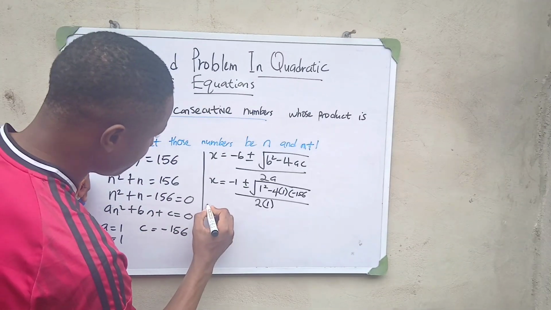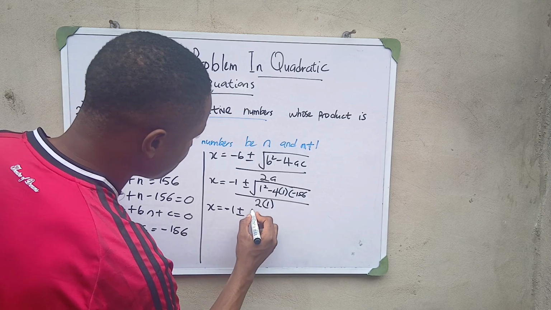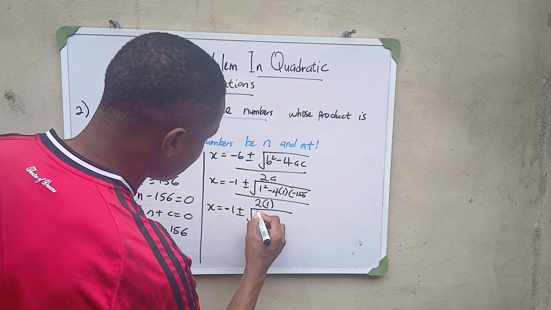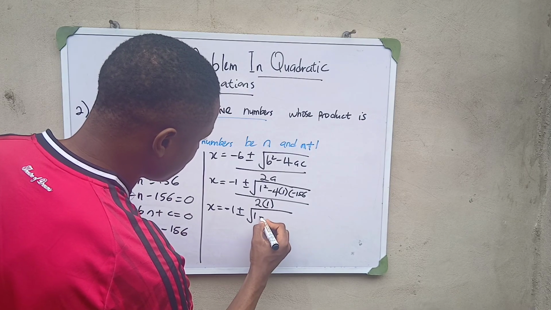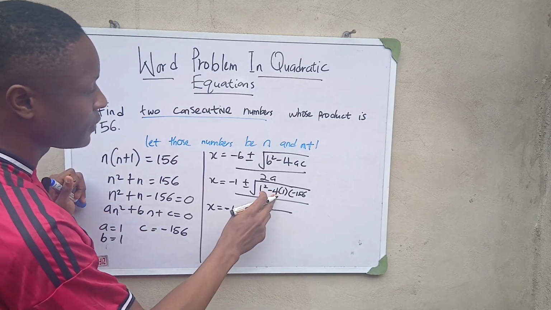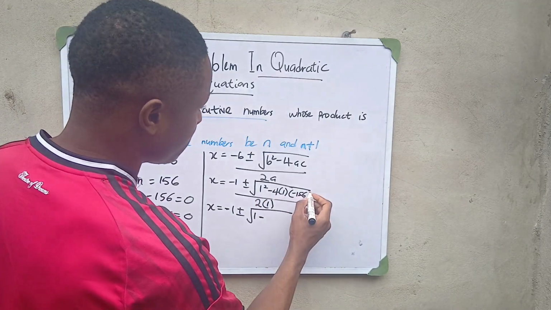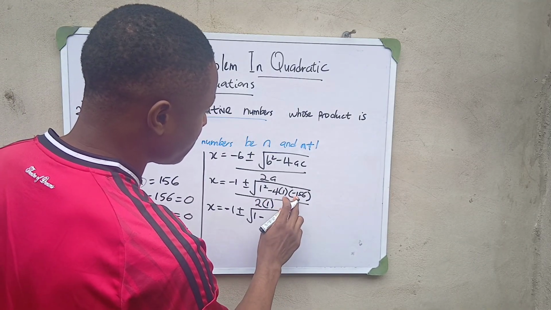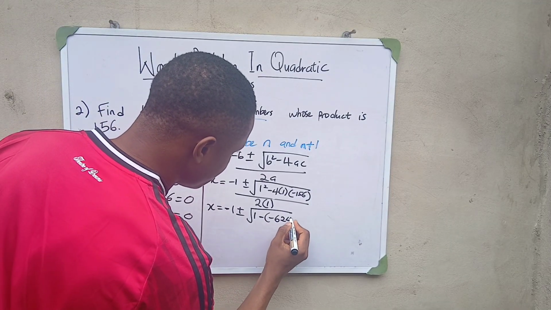So we have x is equal to minus 1 plus or minus square root of 1 square is 1 minus, so 4 times 1 is 4, and 4 times minus 156 is minus 624.